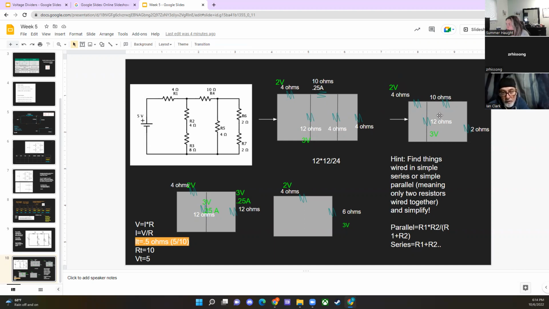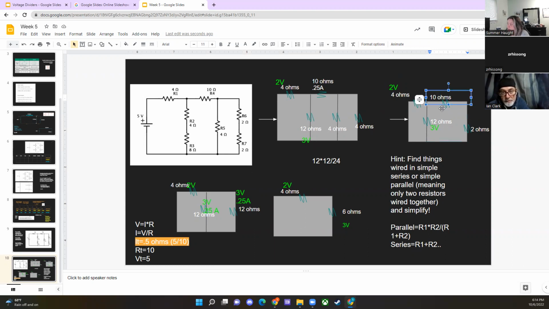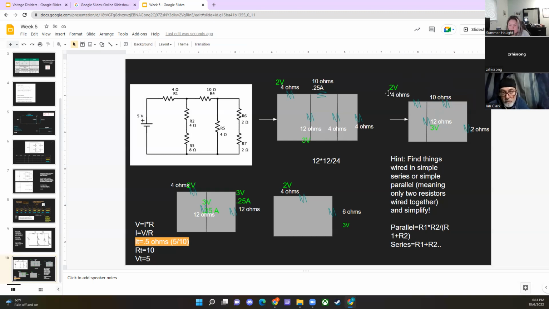Since we know what the resistance is here and the voltage here, we can calculate what the amperage is there, which means we can by default know what the amperage is here, because where it splits, it always equals what it was at the beginning. Remember that rule we did, where if you have one current going in and one going out, what's the other one? So we could calculate amperage there, which means we could calculate voltage here, because once we get amperage here, we can calculate voltage there.